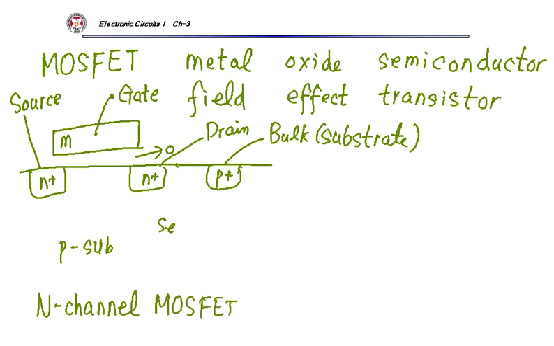The N-channel stands for free electrons contributing to current flow. So when gate source voltage is positive and larger than threshold voltage, this source, which is N-type, supplies those electrons.